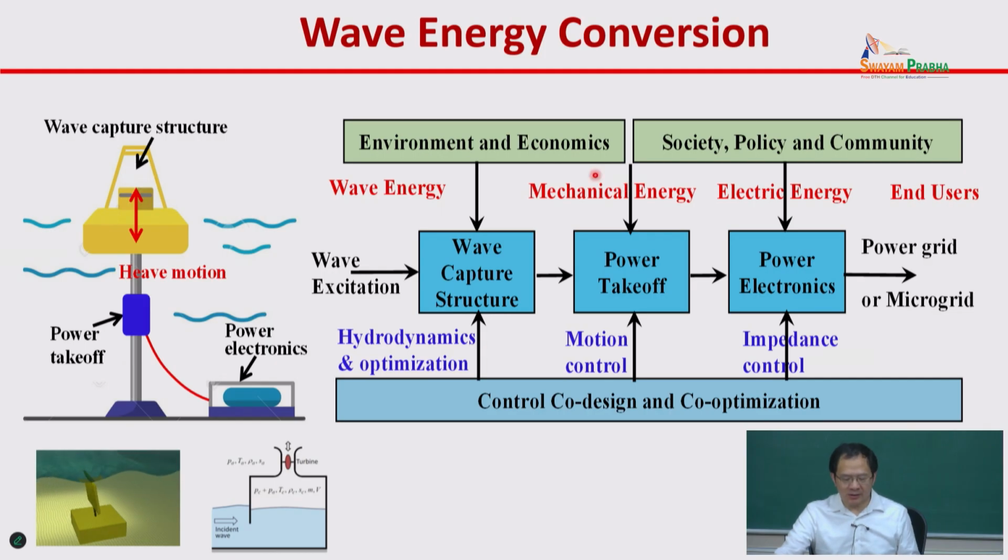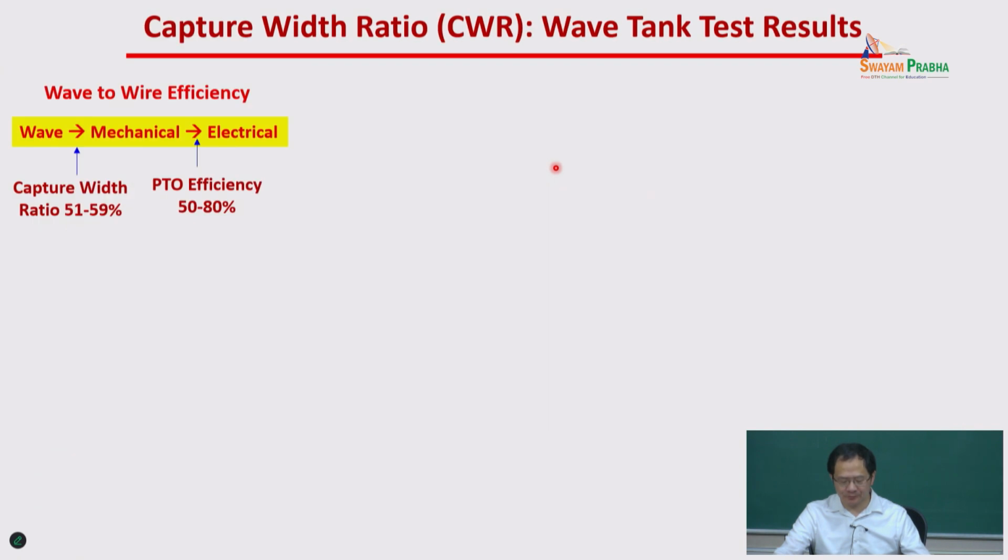In the second half today, we are going to talk about community, society, and environment for the design side. Recall that the capture width ratio relates mechanical energy to wave energy.